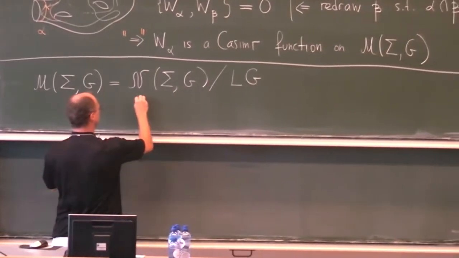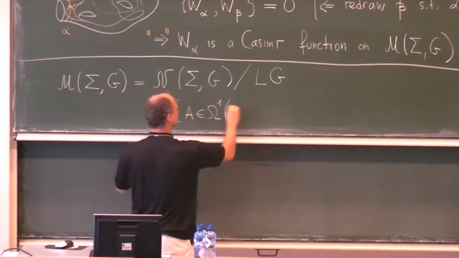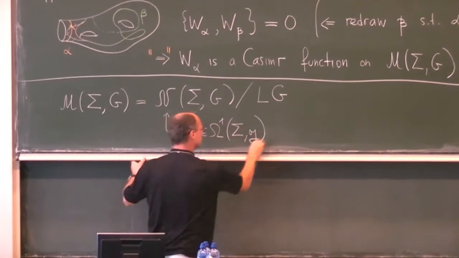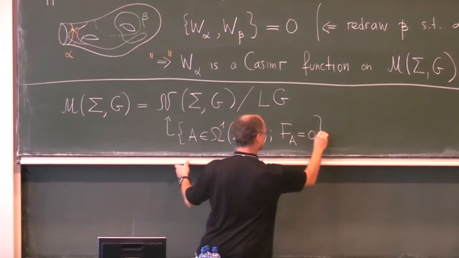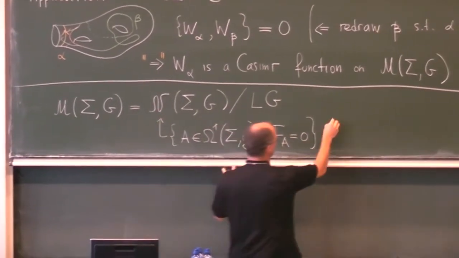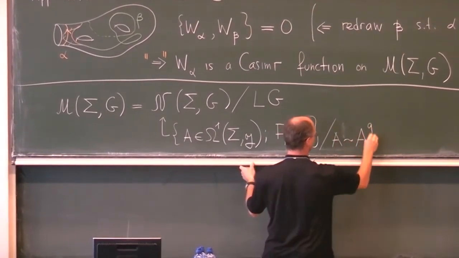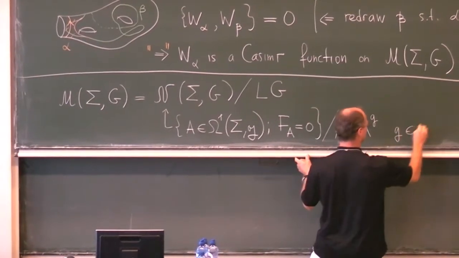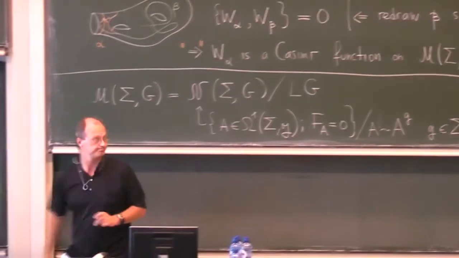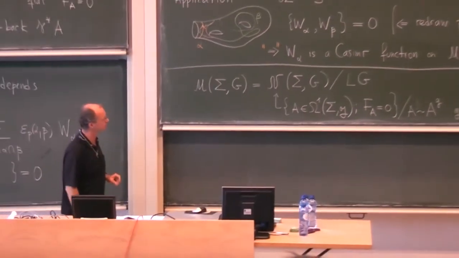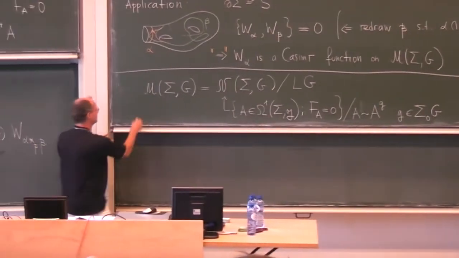So just to recall, that's the space of connections on our surface which are flat, but here we only divide by the gauge transformations which are equal to 1 on the boundary. So in fact we stated that this space is Poisson.